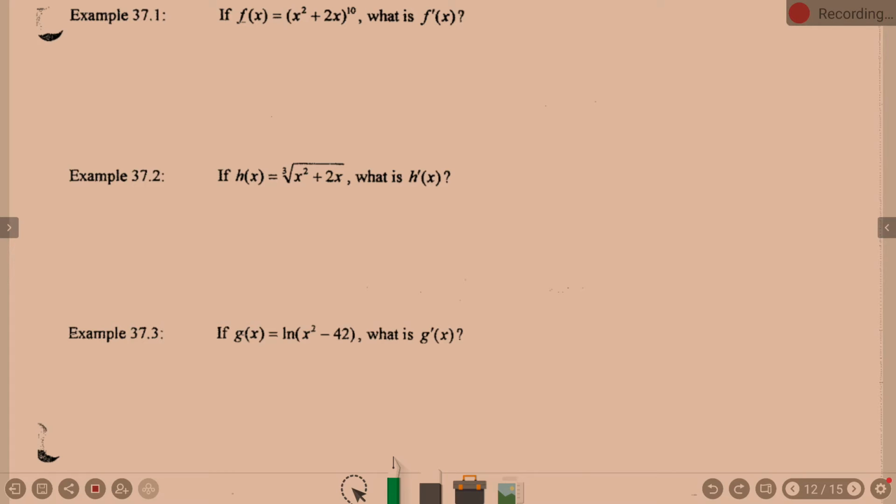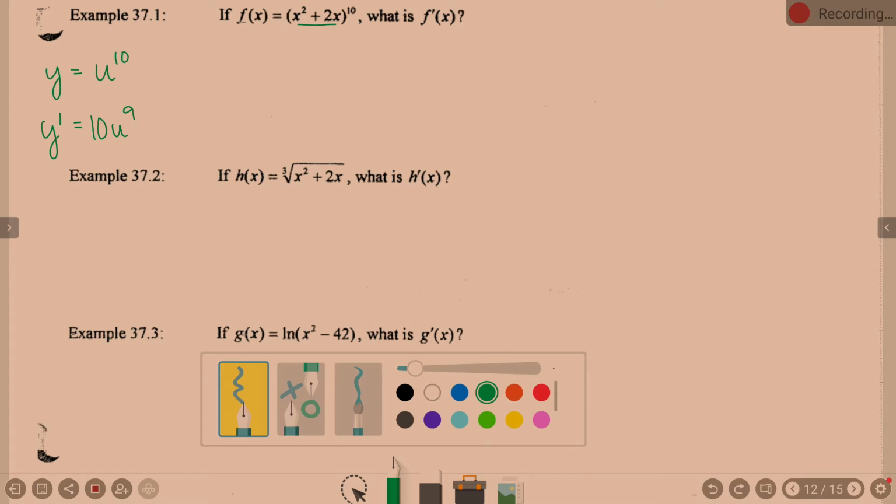Inside is x squared plus 2x. If we replace that with u, what is the overall function we're trying to take the derivative of? Can we take the derivative of u to the 10th? That's a pretty basic concept. What is the derivative of u to the 10th? 10u to the 9th, right?